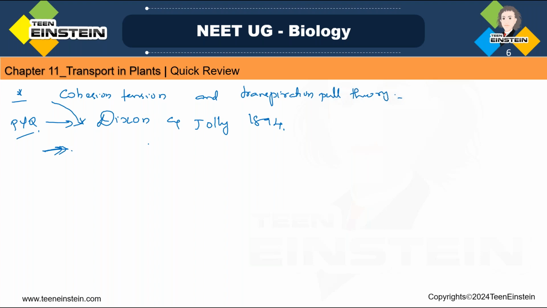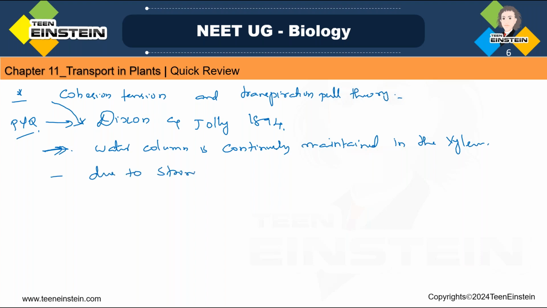A continuous water column is maintained in the xylem, especially the xylem of roots, through the stem and into leaves. A continuous water column is maintained from the roots, coming through the stem and into the leaves. Up to that it is maintained, and this is due to strong forces.